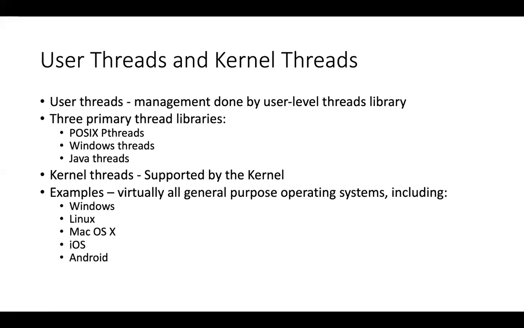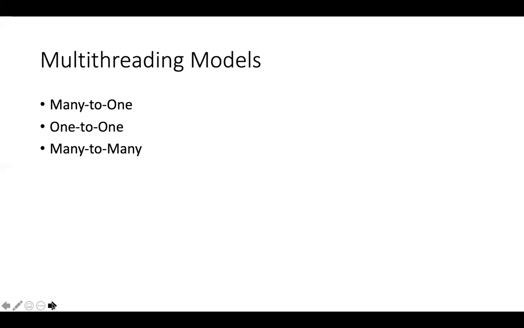Examples for all general purpose operating systems include Windows, Linux, Mac OS, iOS, and Android. Remember, iOS and Android are for mobile, but they work more or less the same. The only challenge with iOS and Android is their resource constraints, but they all have the same way of working. And I think that explains why you can have a mobile app also running on a machine.